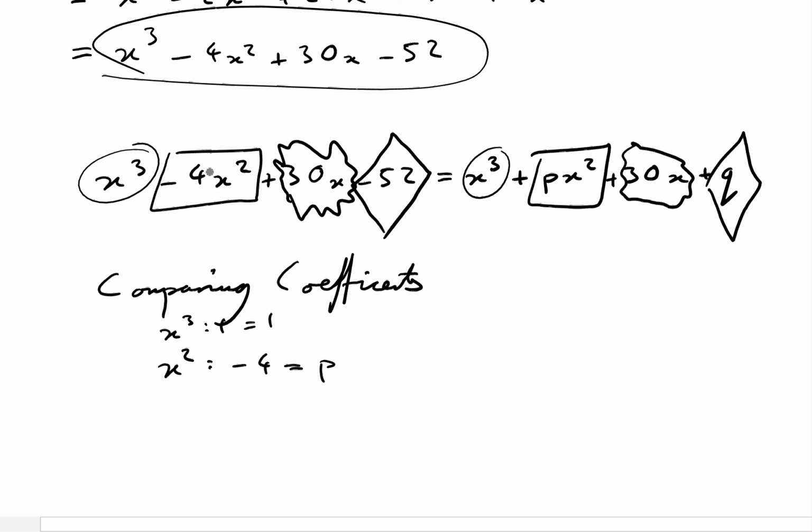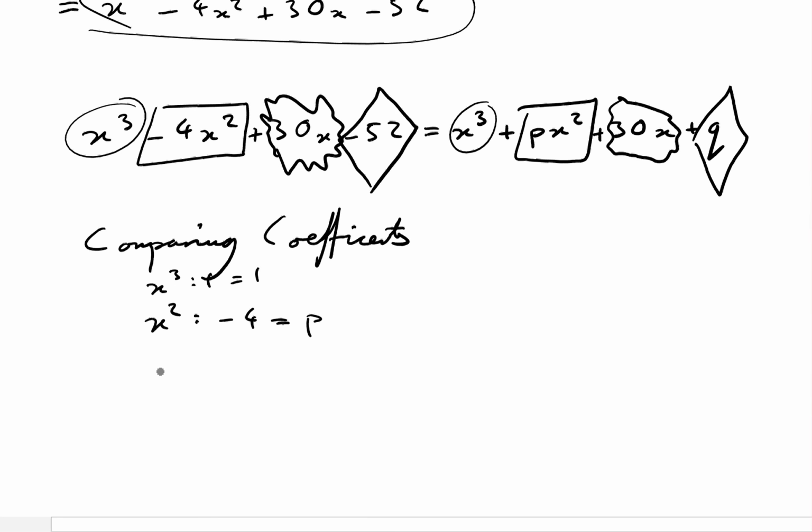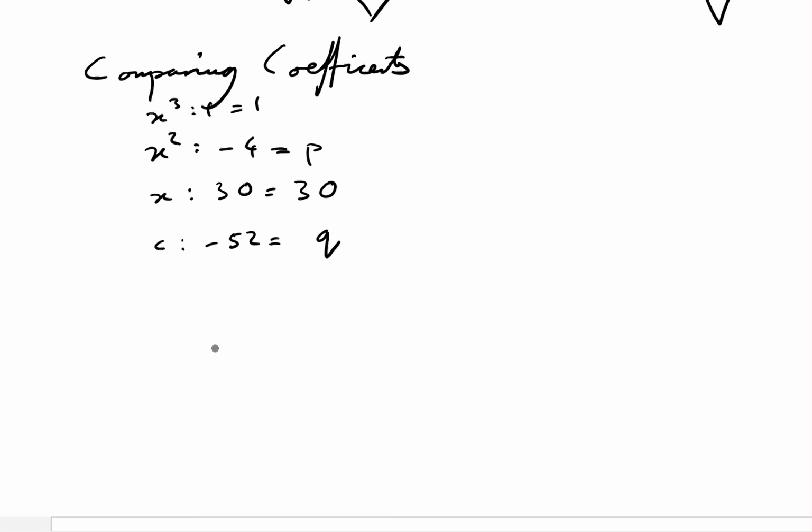For our x squared on the left hand side we've got minus 4, on the right hand side our coefficient is p. For x, our coefficient is 30 on the left hand side, and on the right hand side it's 30. And our constant term, let's just call it c, on the left hand side it's minus 52, on the right hand side it's q. So now we can read off exactly that p is equal to minus 4 and q is equal to minus 52, and that's our final answer.